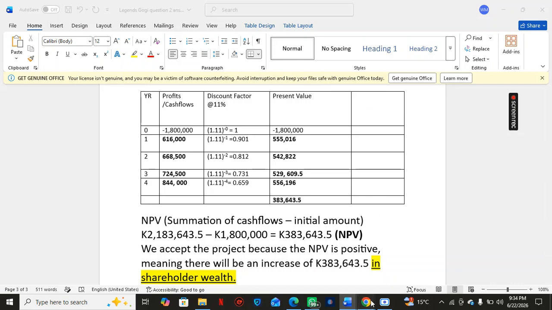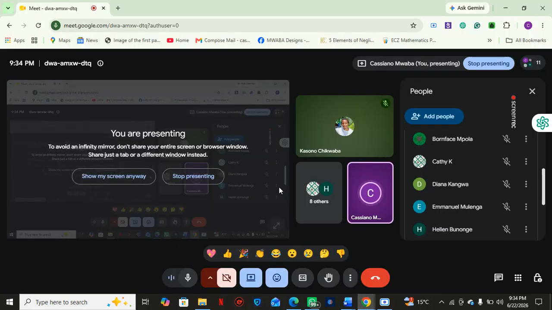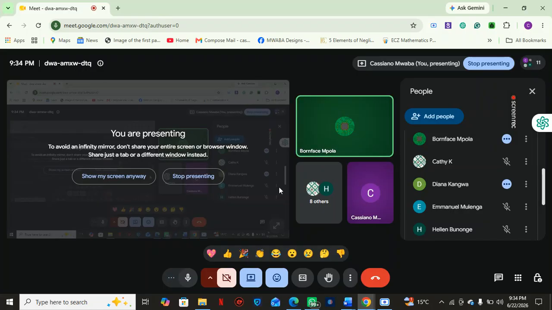So if your first net present value is positive, what do you need to do to the discount rate? Do you increase it or decrease it? Even guessing is allowed, colleagues. You guess, you get the correct answer.